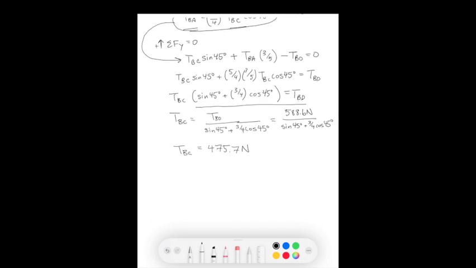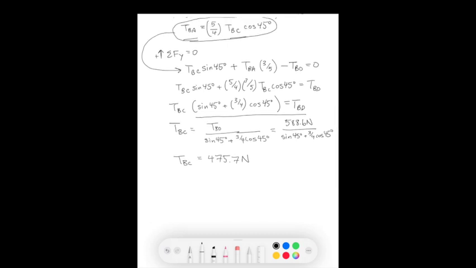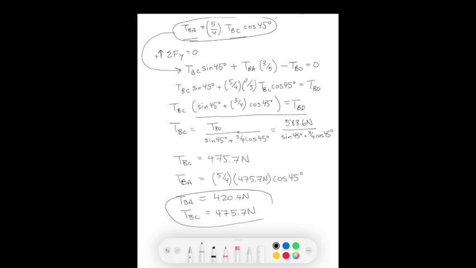And I can go back to this equation where I say TBA, and I find that TBA is equal to 420.4 newtons. And that's what we're looking for.